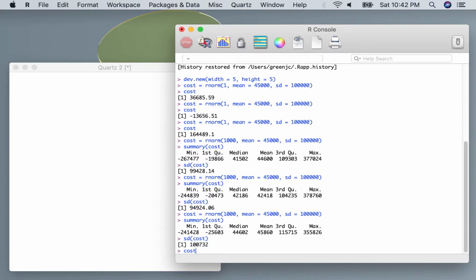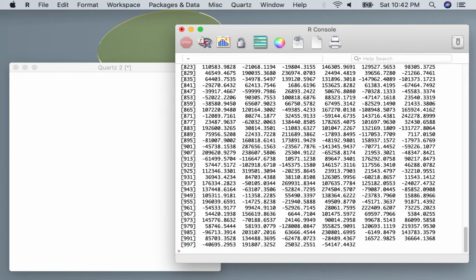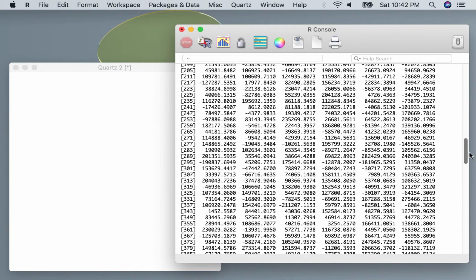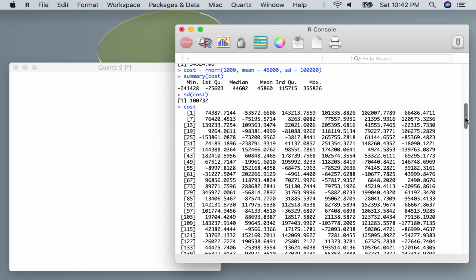Standard deviation 100,000 in the underlying distribution, and we pull 1,000 numbers and get a standard deviation pretty close to $100,000. It's not exactly 100,000, but it's $99,500 or $94,924 and so on. So the means and the standard deviations are close to what we give it for the distribution.